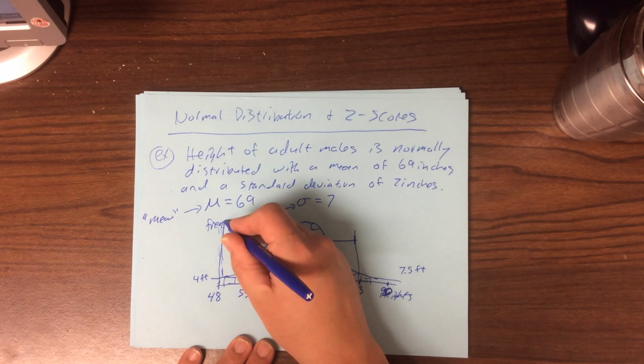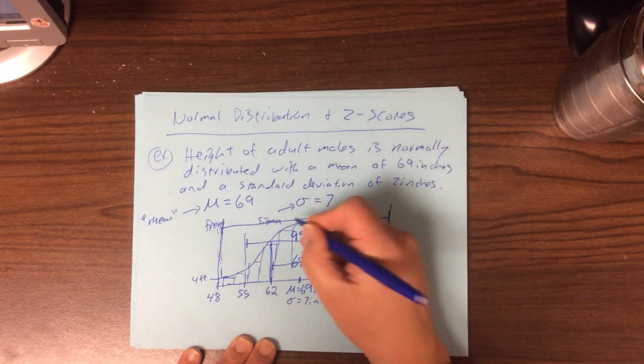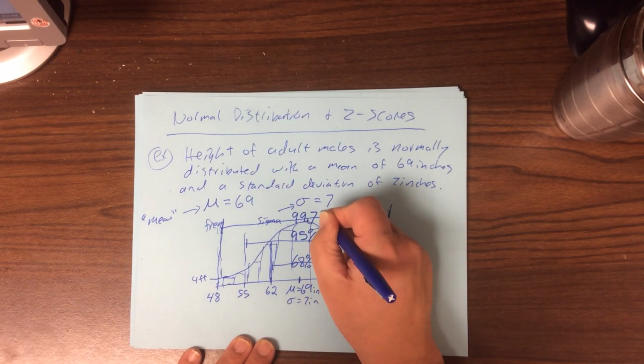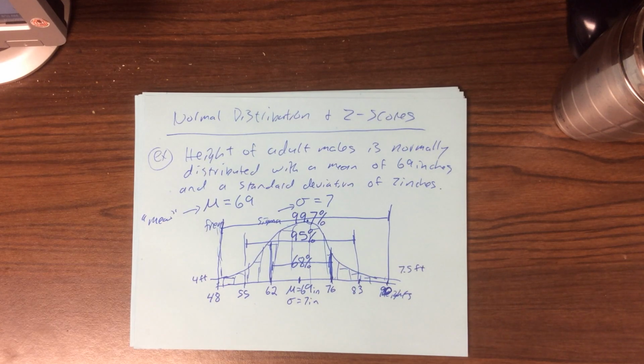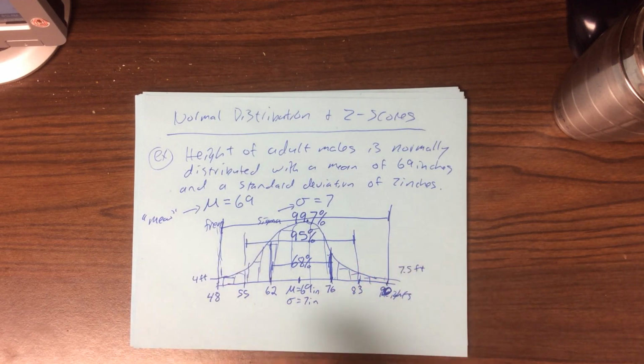So what about 3 standard deviations from the mean? Within 3 standard deviations, you actually have 99.7% of all of the data. So you really have pretty much all of the data within 3 standard deviations. Okay, 99.7%.